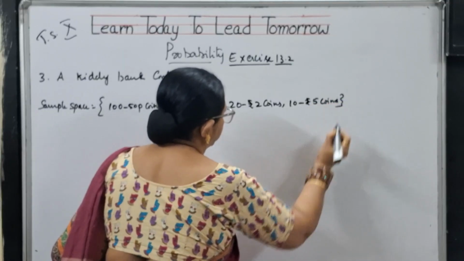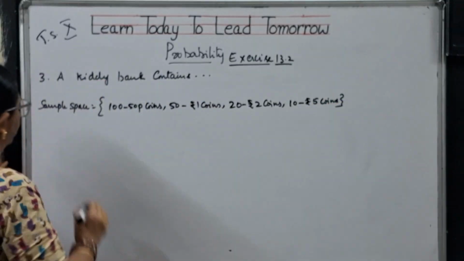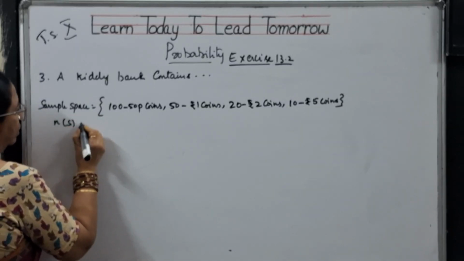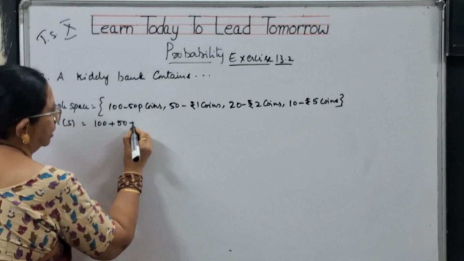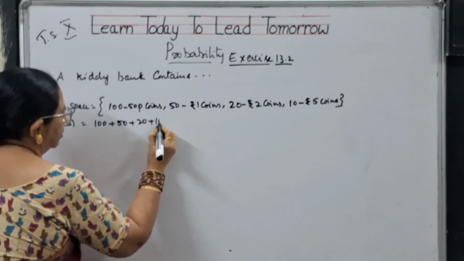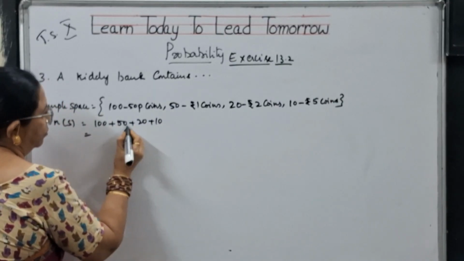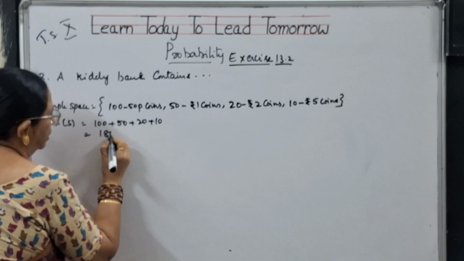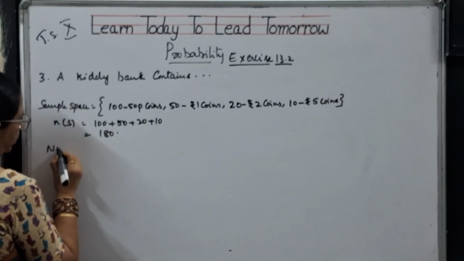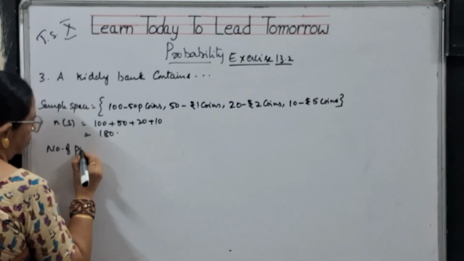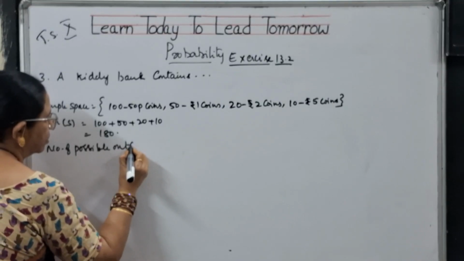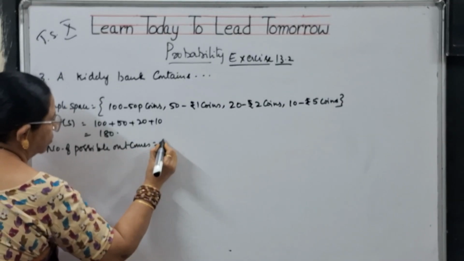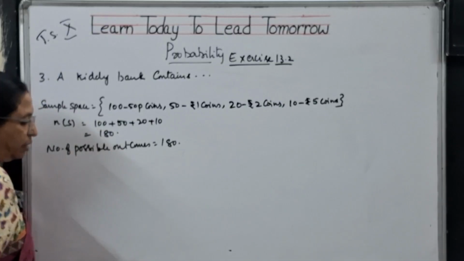So these are the coins that it is having. So what is n of S? N of S is 100 plus 50 plus 20 plus 10: 150, 170, 180. So number of possible outcomes is equal to 180.